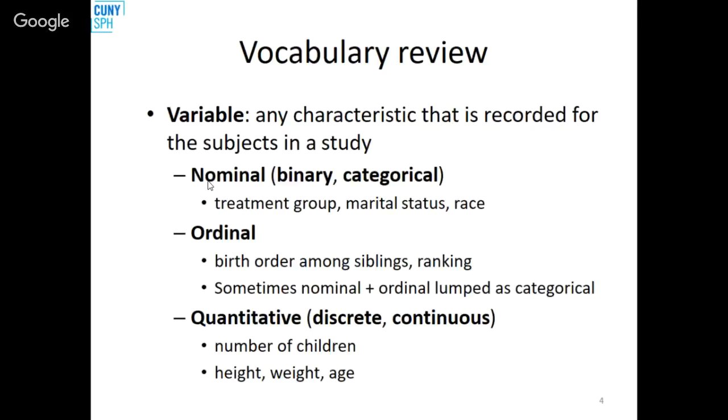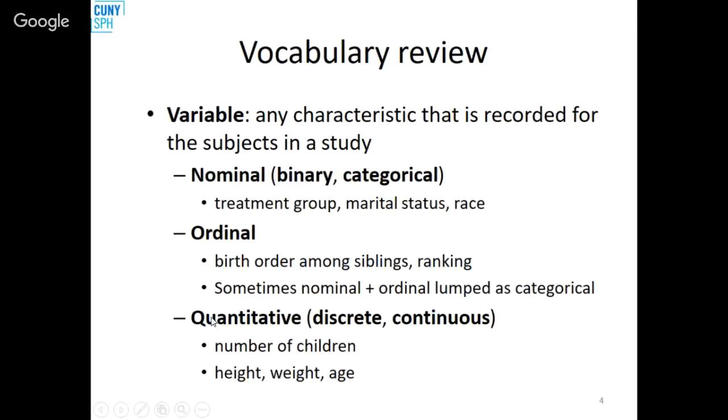Anything where there is a rank, and these might be also lumped in as categorical variables, but ordinal variables have this distinction of having an order that matters somehow in your analysis of the data.